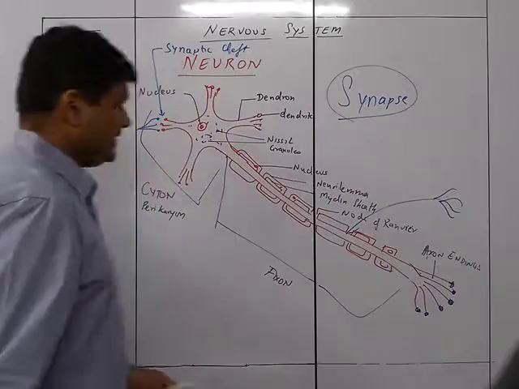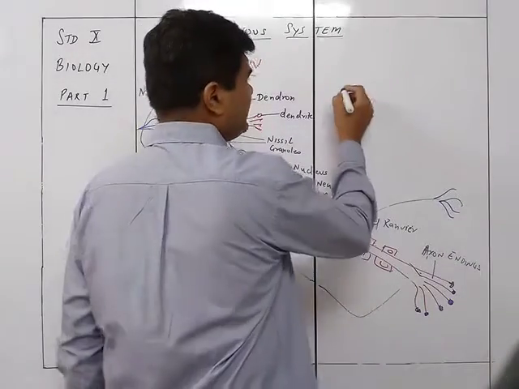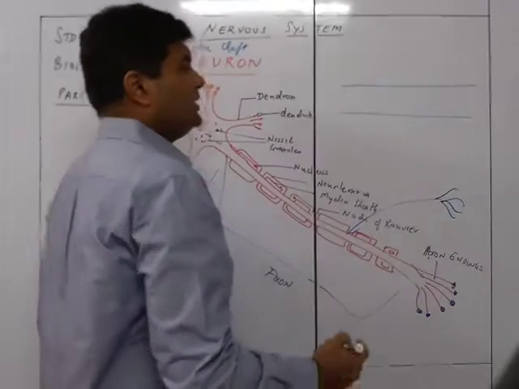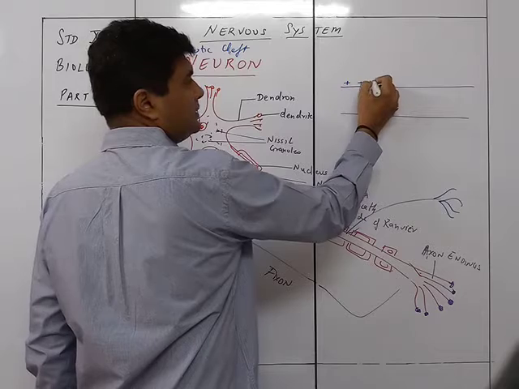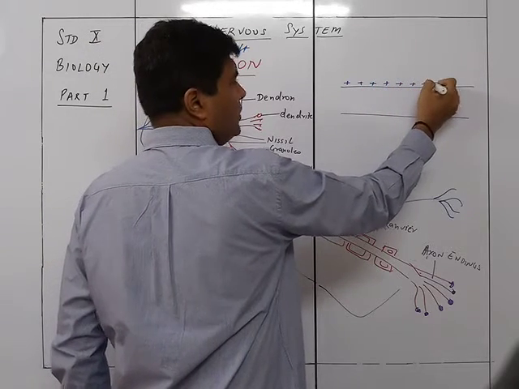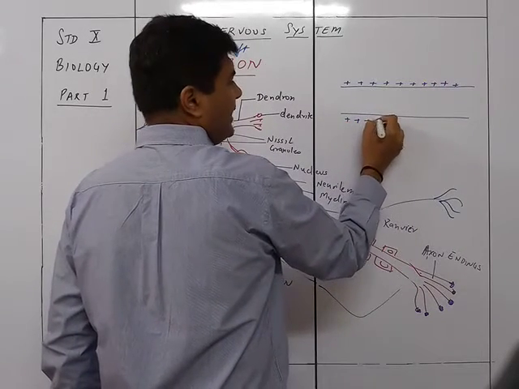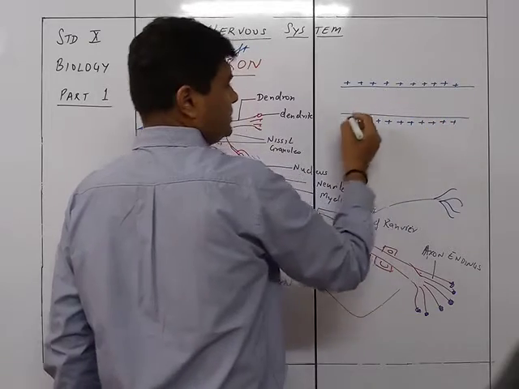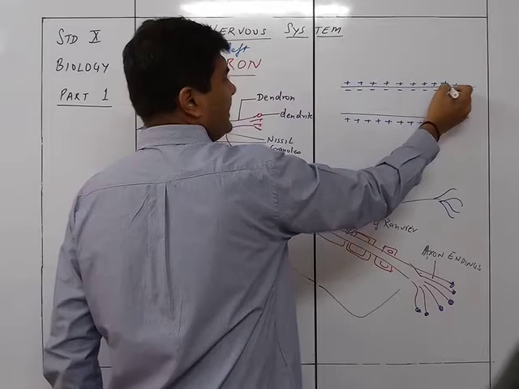So what we see over here is the nerve cell. The nerve cell has a positive polarized condition, because of the presence of sodium ions, Na+ ions. You will find that outside of the axon there will be a positive charge and inside would be a negative charge.